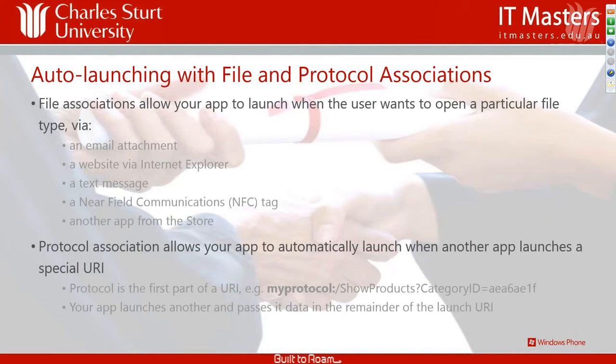And it can actually, when the user clicks on that email, it will download the attachment and actually launch our application. Similarly, we might also have the Randolph protocol, in which case when a URI is launched that starts with the word Randolph: it'll launch our application and pass in those parameters into our application.